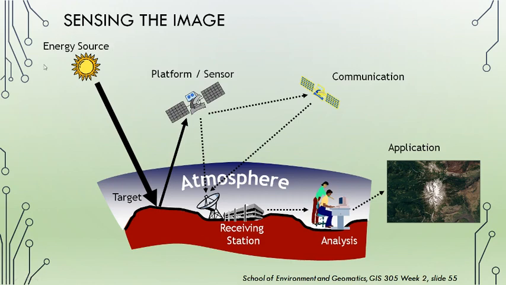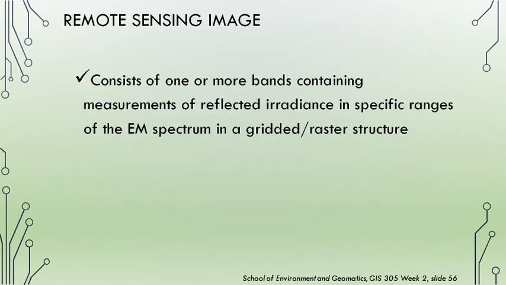We've talked about the energy source of our passive sensors being sunlight, and how it interacts with the atmosphere and the Earth's surface. Now we will talk a little more about how these sensors work and how they collect data for eventually our end application. So remote sensing images, what are they?